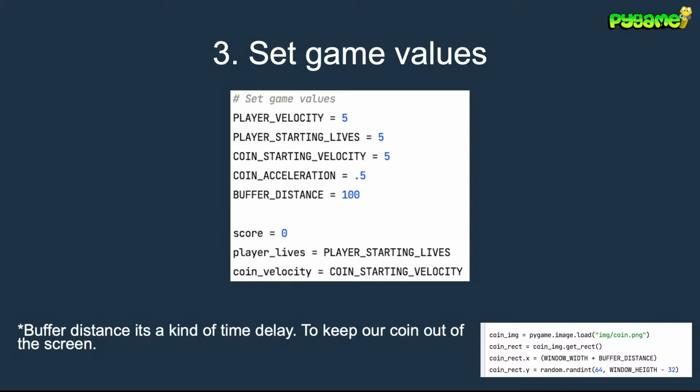The buffer distance is the place where our coin appears. I want my coin to appear out of the screen, and after that the coin should move to my dragon. It's kind of a time delay, to keep our coin out of the screen.